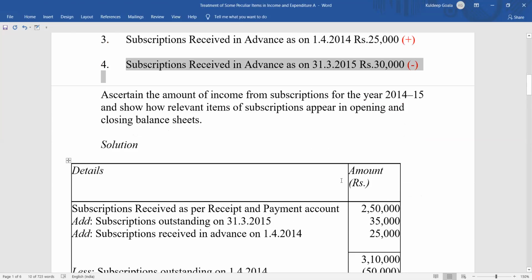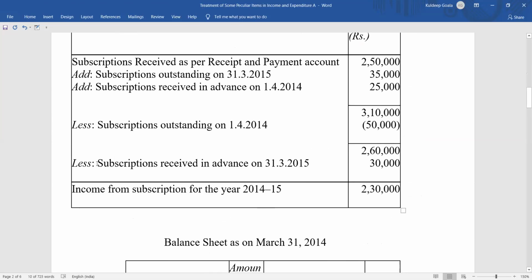That will also be deducted. So, less subscription received in advance on 31st March 2015, 30,000. After that it comes to 2,30,000. This is nothing but income from subscription for the year 2014-15, 2,30,000.